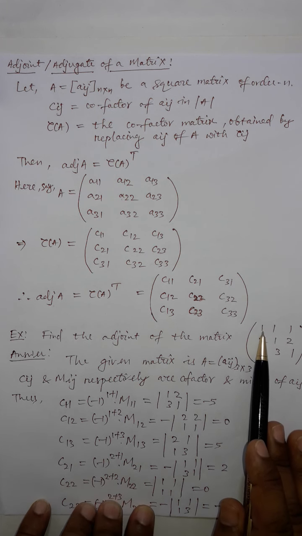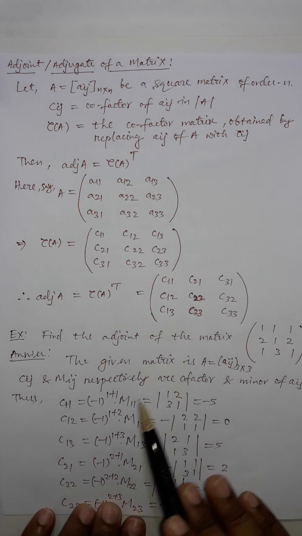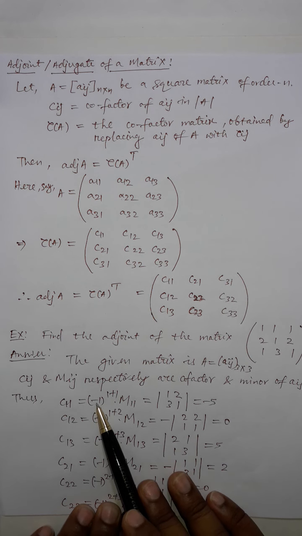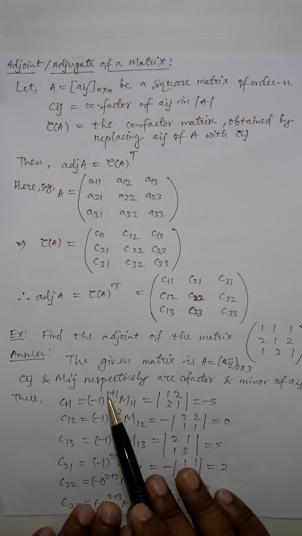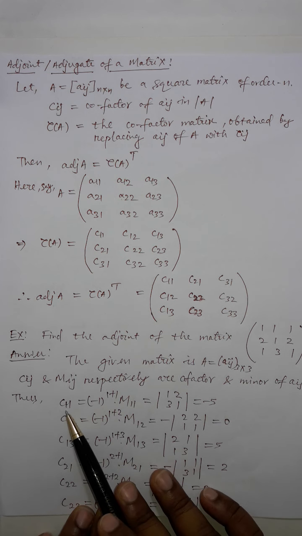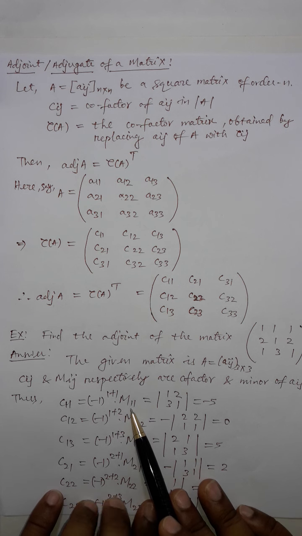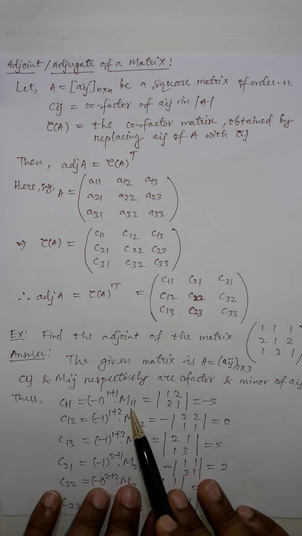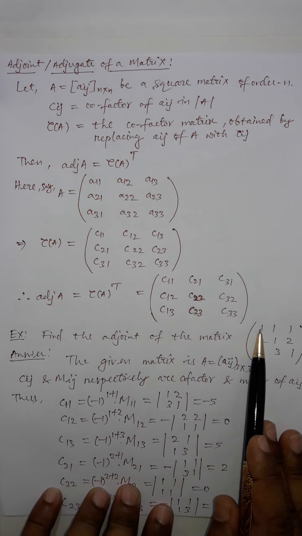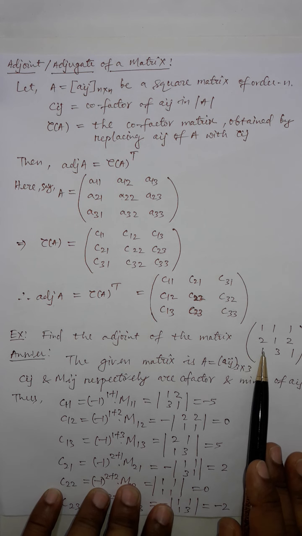Now, the cofactor of this element 1 is equal to minus 1 to the power 1 plus 1, where this 1 plus 1 is the row and column number sum, into the minor of that element, which is M11. The minor M11 is obtained by removing its own row and column.